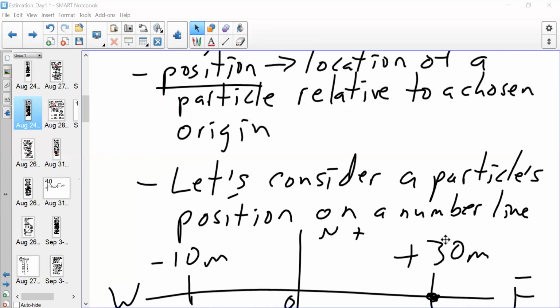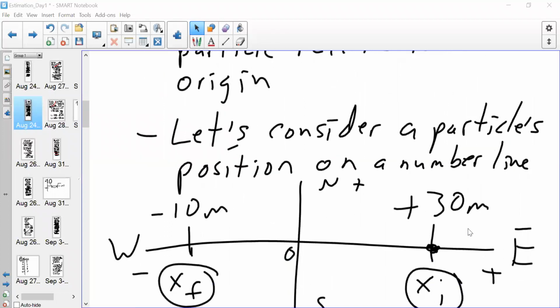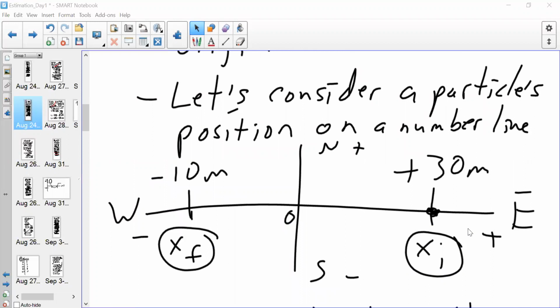So now let's consider a particle's position on a number line. You've seen number lines in your algebra classes everywhere. Now we're going to translate what we see mathematically into actual physics. The x-axis represents two directions.